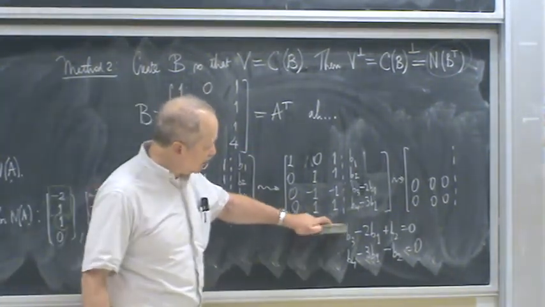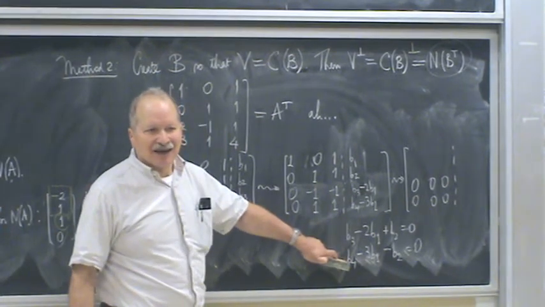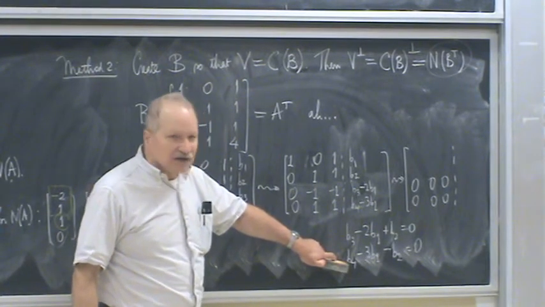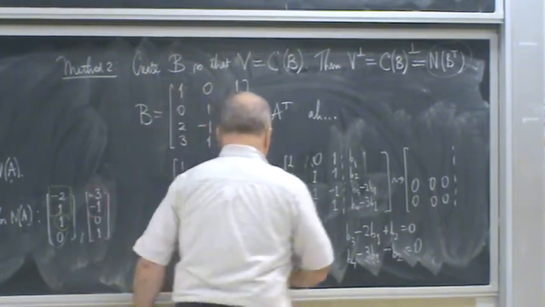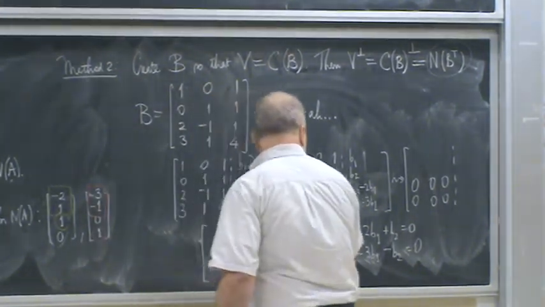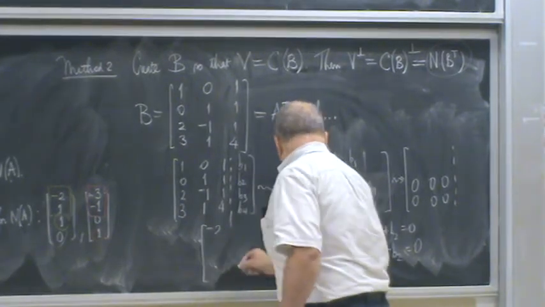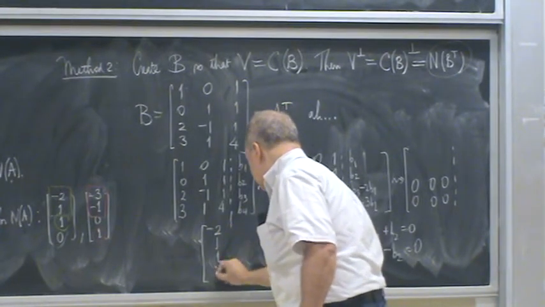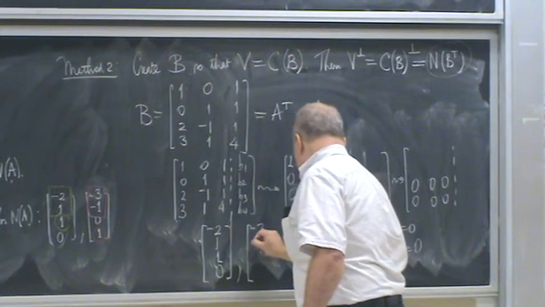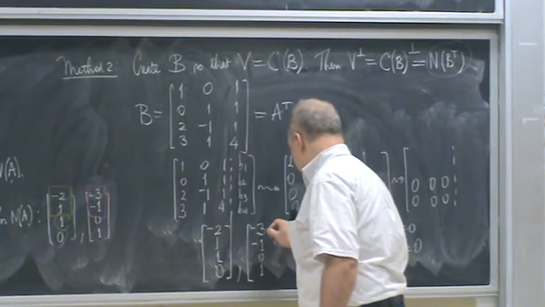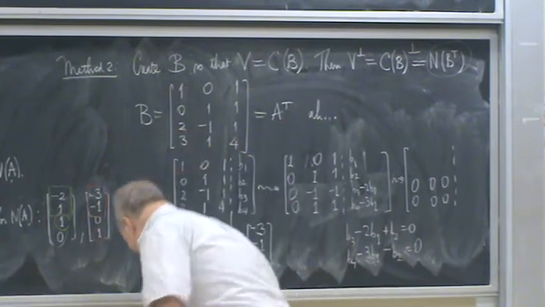Remember, that means the coefficients of these equations give you the normal vectors to the subspace. So we get -2, 1, 1, 0 and -3, -1, 0, 1. Looks familiar, doesn't it?